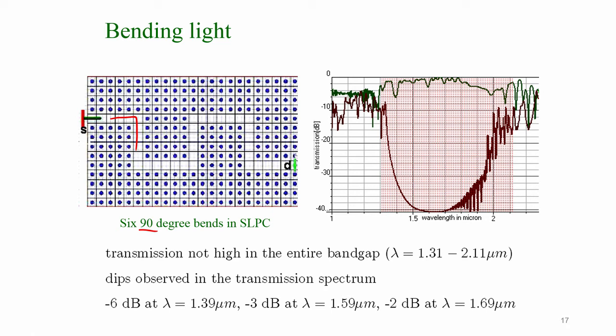Recall that it is almost impossible to bend the light 90 degrees in an integrated optic structure, because it would radiate out the light and not function as a bend. With photonic bandgap structures it is possible to create 90 degree bends in a square lattice. In this particular case, the square lattice of photonic crystal is used here.